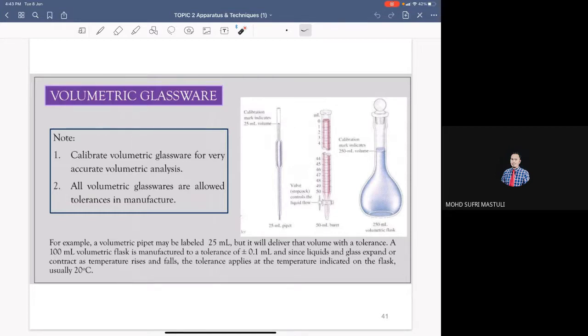Also, we can have a burette as well as the volumetric flask. The calibration mark on the volumetric flask here indicates the 250 milliliter volume.